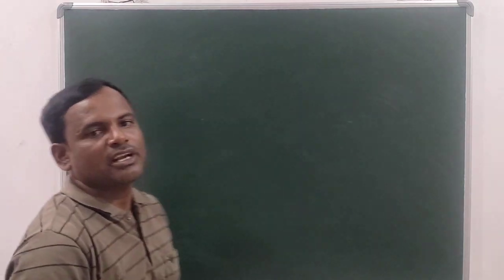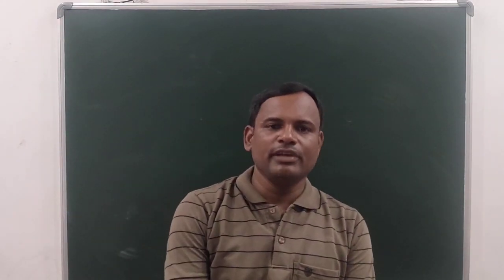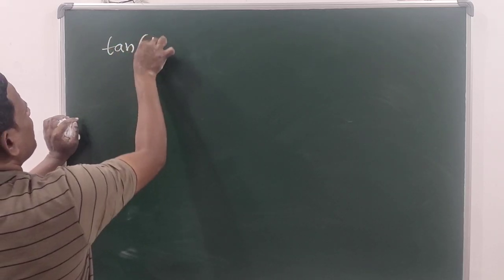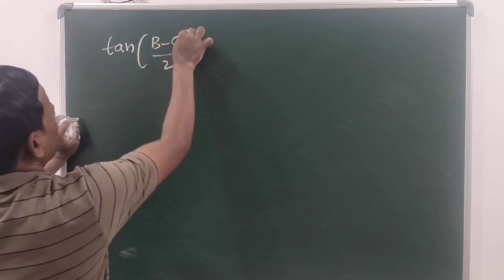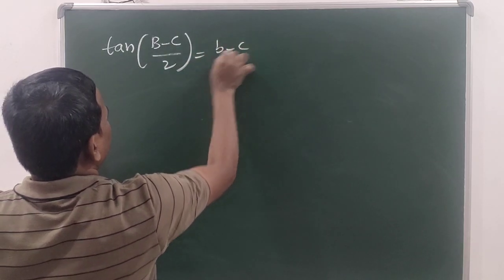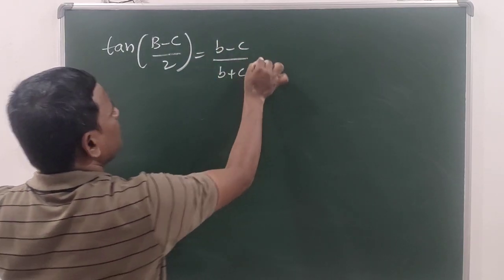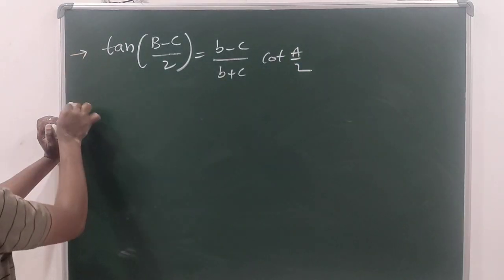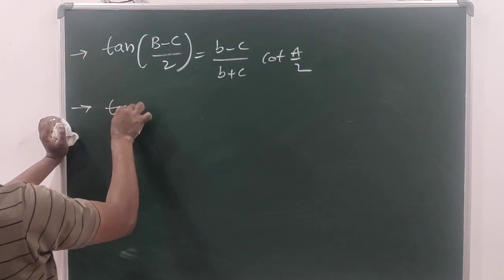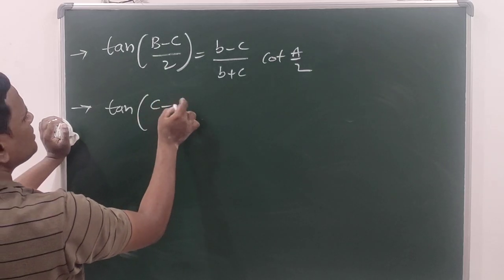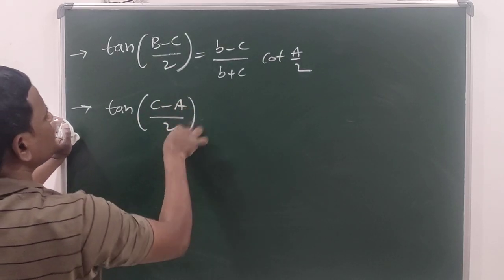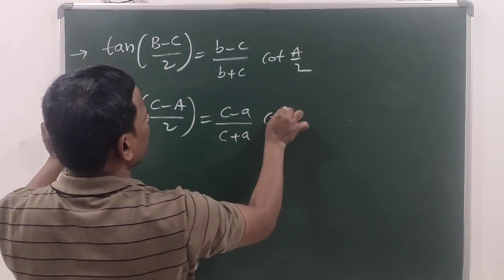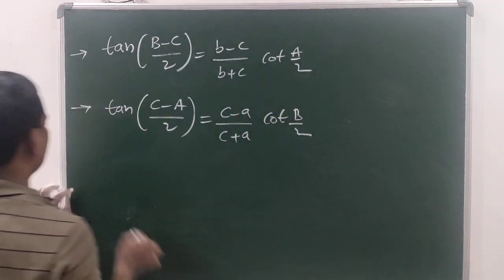Now see, here also we have three rules. Tan of (b minus c) by 2 can be written as (b minus c) by (b plus c) into cot A by 2. The second one, tan of (c minus a) by 2 is equal to (c minus a) by (c plus a) into cot B by 2.